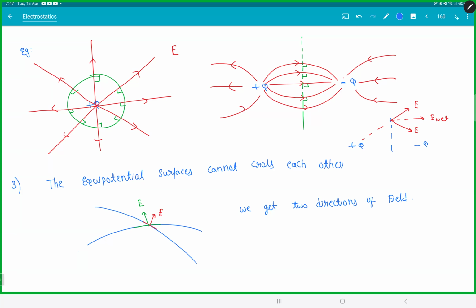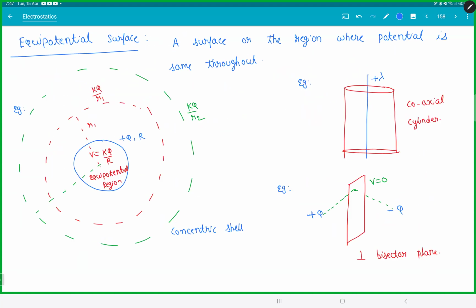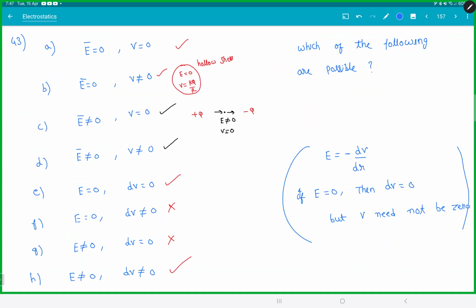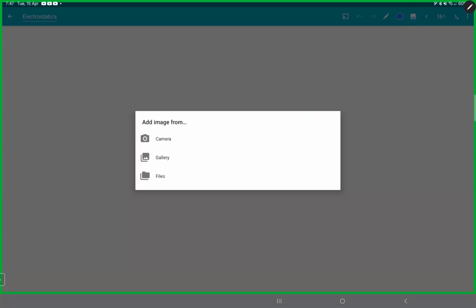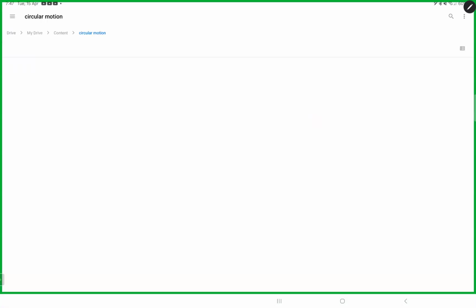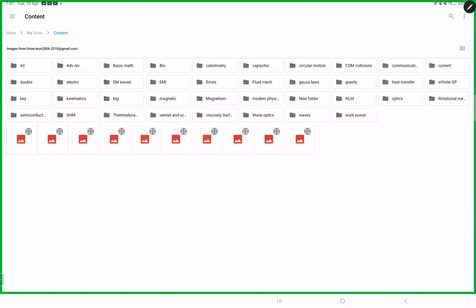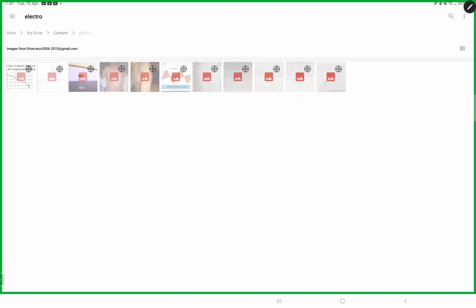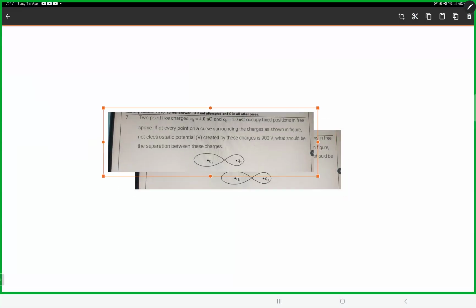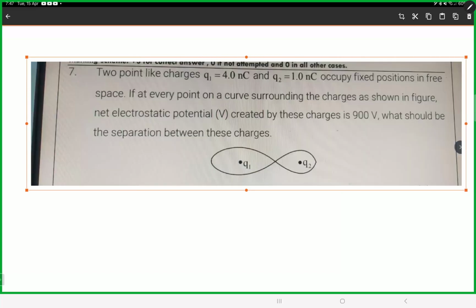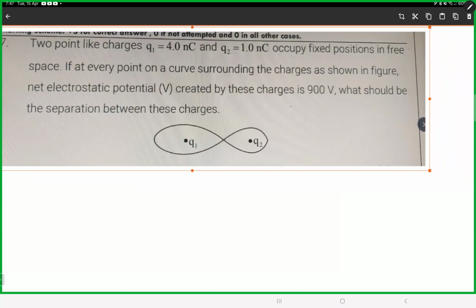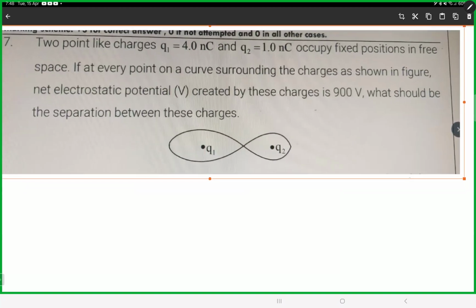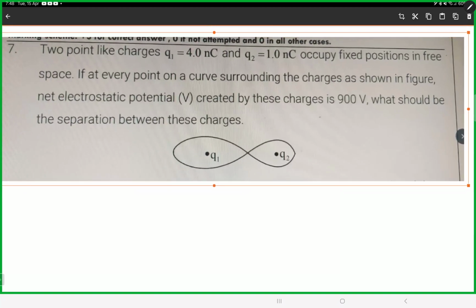Let's see a question. Any doubt so far? This is a good question. Just now I taught you this and I'll just contradict it again.